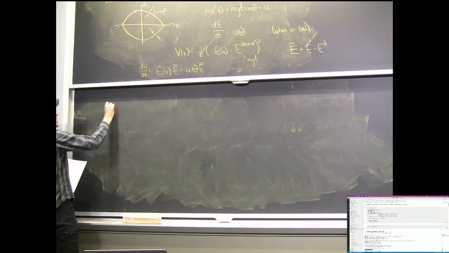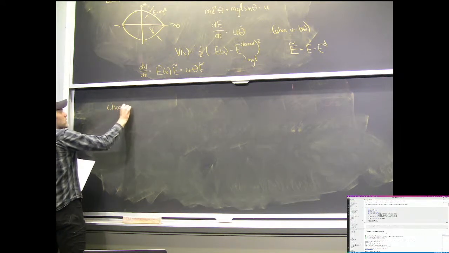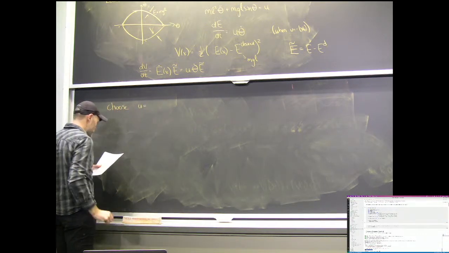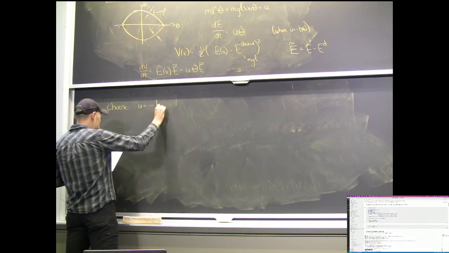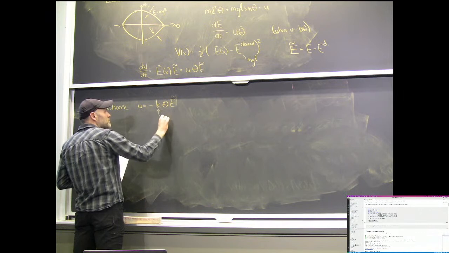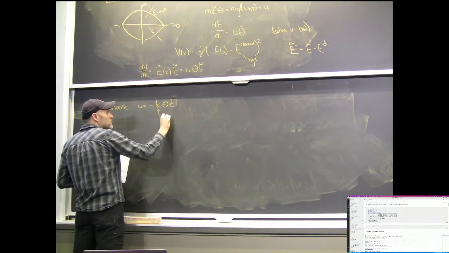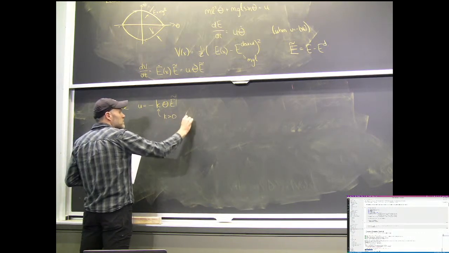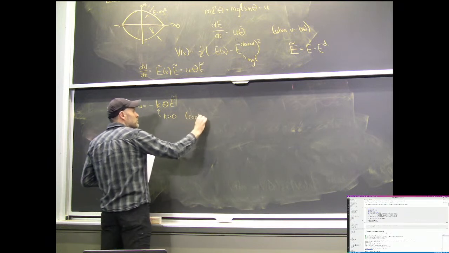So why don't we choose U equals negative K theta dot E tilde, where K is just some control gain, a control parameter.